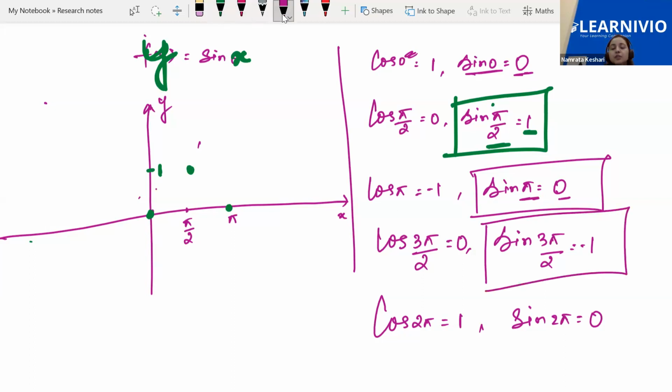Okay, next one, sine 3 pi by 2 we are having. When x is 3 pi by 2, y is negative 1. So somewhere here we are having the point. Yes or no? Ali and Alina. Is it clear so far?